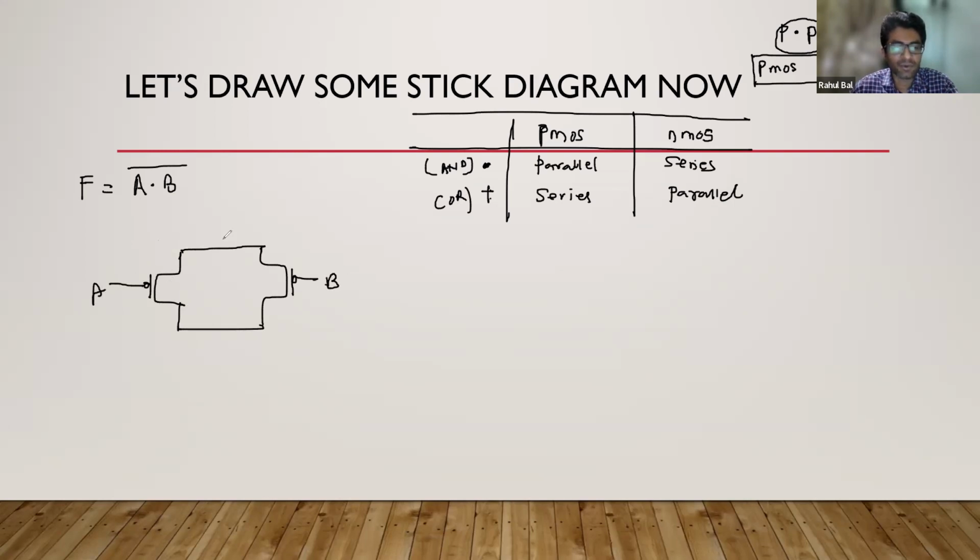A, B are the inputs. This is VDD. This is our PMOS. Since it is dot operator, that's why we are putting PMOS in parallel. And the NMOS, they are in series.